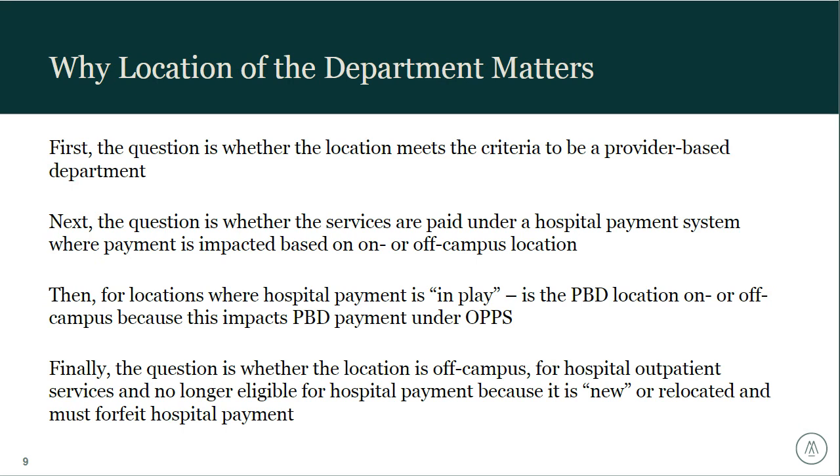And then finally, that last question there, right? It's basically saying that you're forfeiting hospital payment even though you've met all the criteria to be provider-based in all other respects. You're going to have to forfeit it because it's new, or you had to relocate it for a reason other than the excepted extraordinary circumstances relocation, which Larry will talk about in a moment.